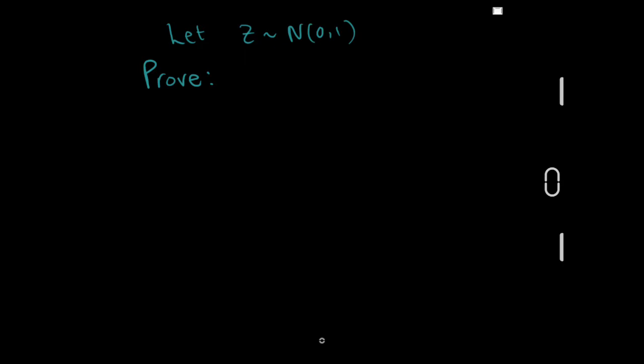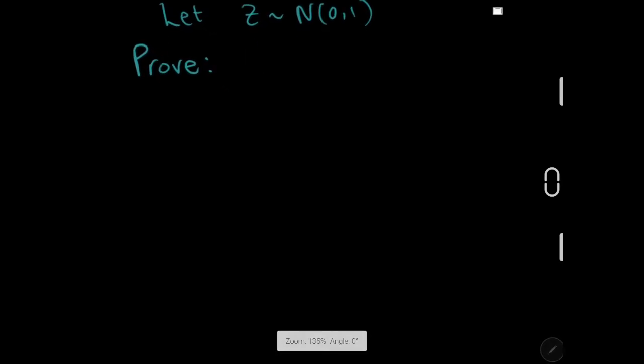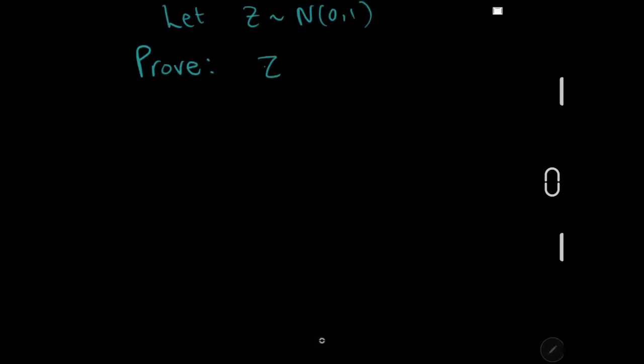Then we need to prove that Z squared is chi-squared with 1 degree of freedom.